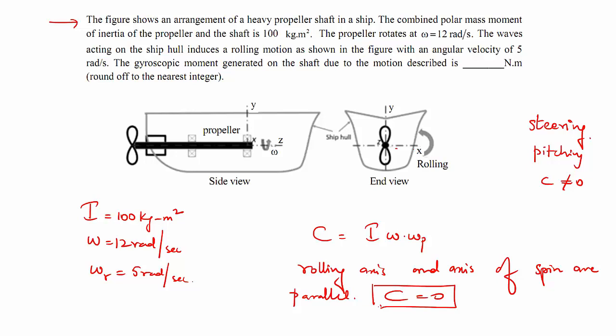But in steering and pitching, the spinning velocity and the pitching velocity are perpendicular to each other, at 90 degrees. In case they are parallel, the gyroscopic couple will be equal to 0. And yes, this is the end of the question.